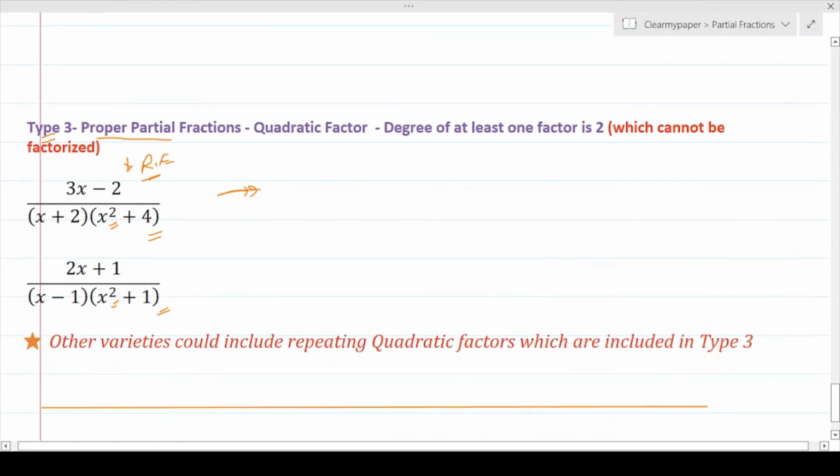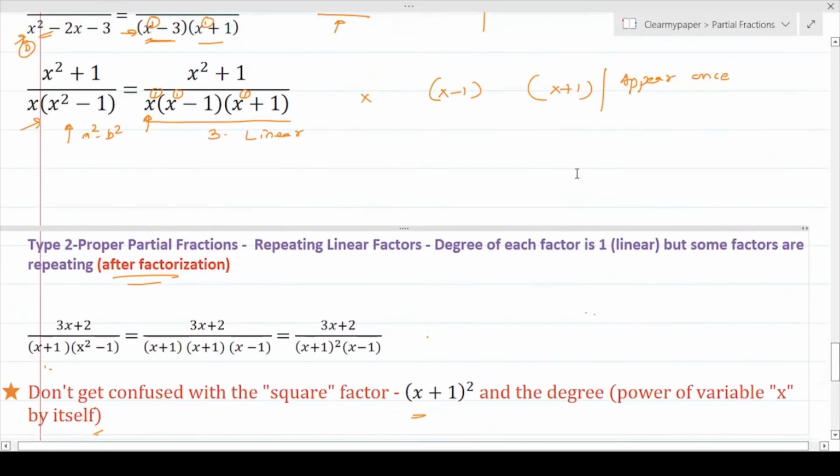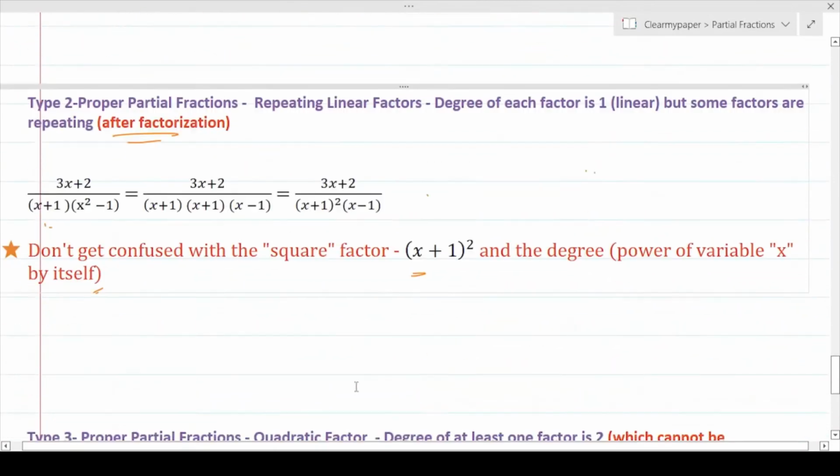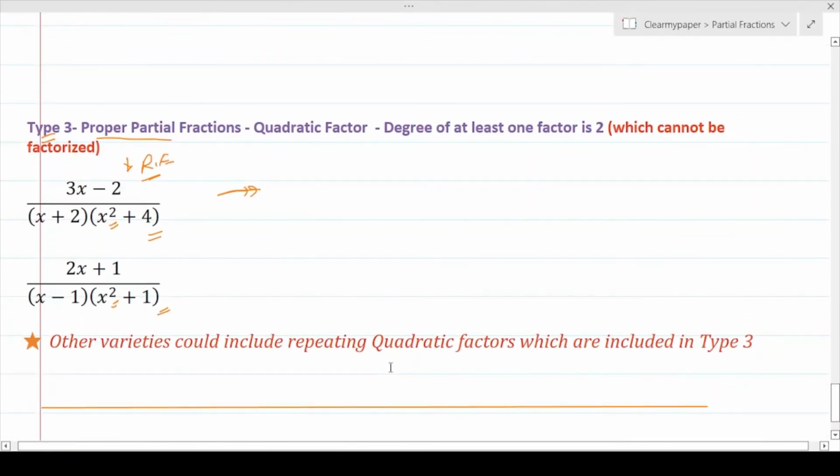And within quadratic, in some textbooks, just as we covered linear as repeating and non-repeating, for quadratic also they might call out quadratic repeating and quadratic non-repeating separately. Both these examples are non-repeating, but in some cases it could be a repeating quadratic.